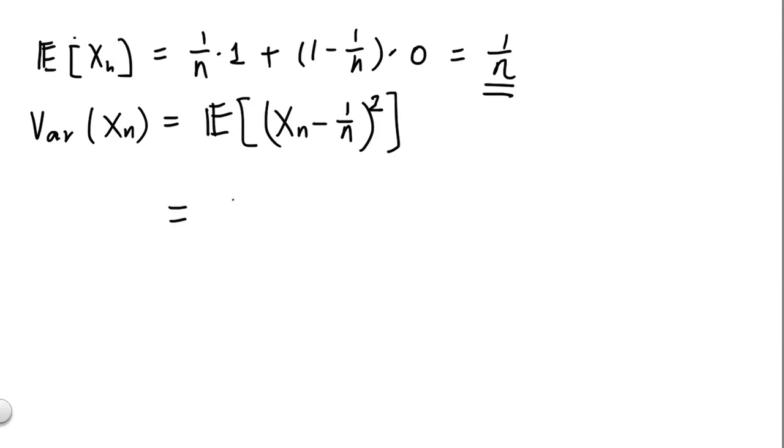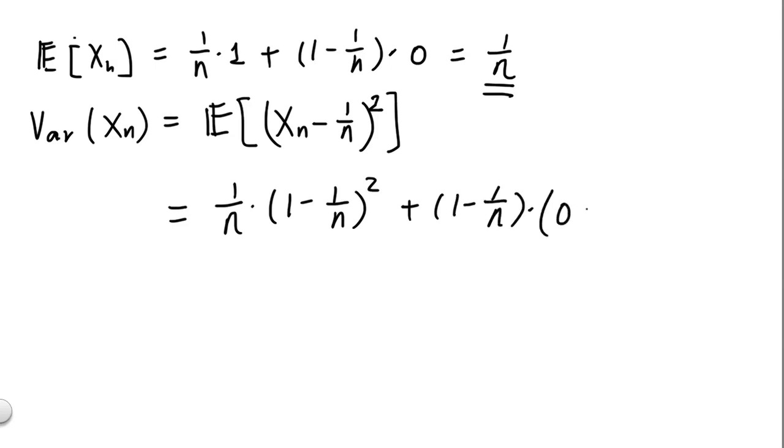And this gives us 1 over n times 1 minus 1 over n squared, plus the remainder probability, 1 minus 1 over n, of X being at 0, so 0 minus 1 over n squared, both cases. And if we carry out the calculations here, we'll get n minus 1 over n squared.